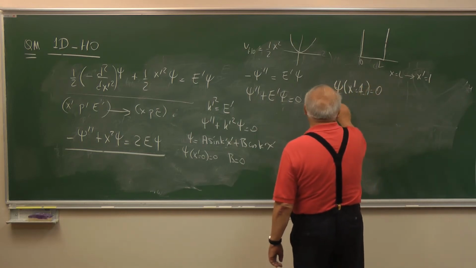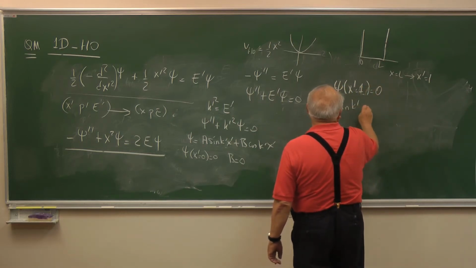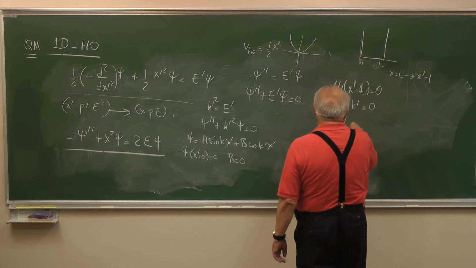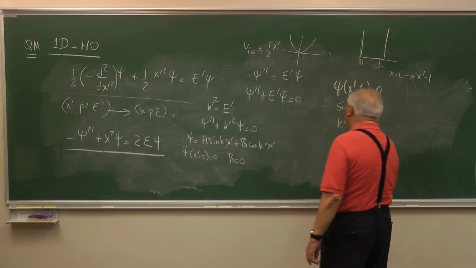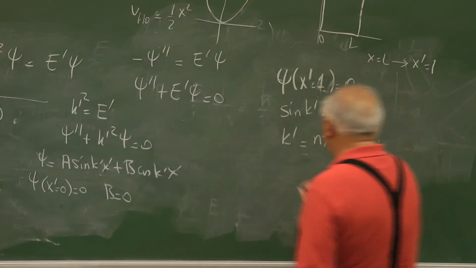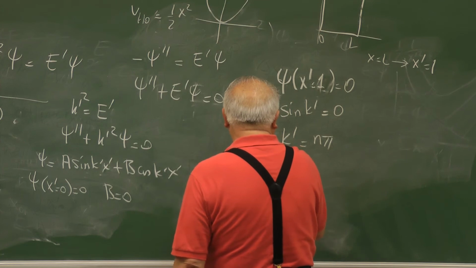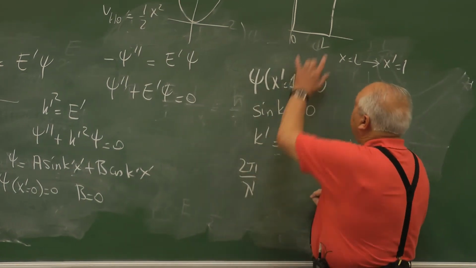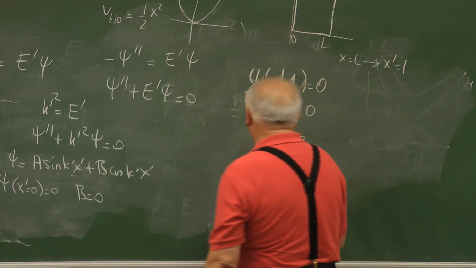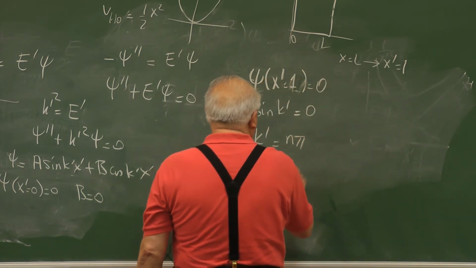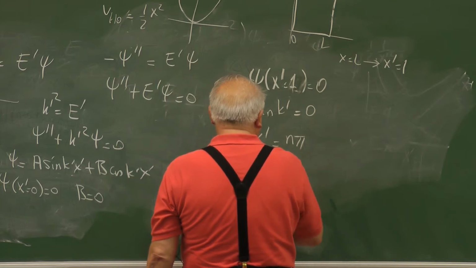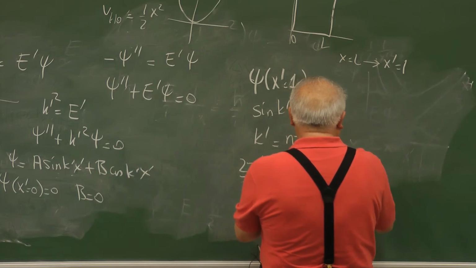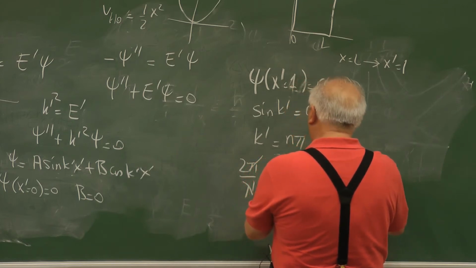So sine k prime is equal to 0. So k prime must be equal to n pi. What is k prime? It is 2 pi over lambda prime. Again, this is the wavelength scaled by the length of the potential. This is equal to n pi. So pi's cancel. So we write it like this: n times lambda prime over 2 is equal to 1.